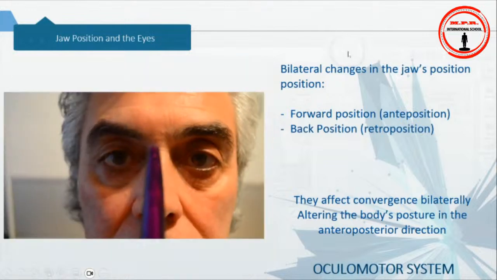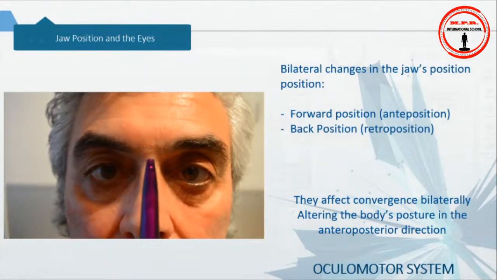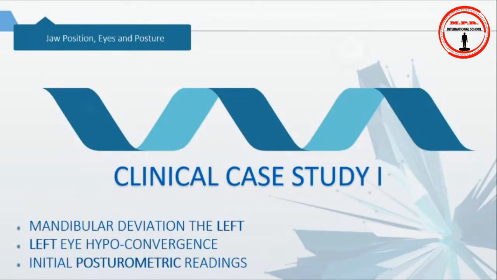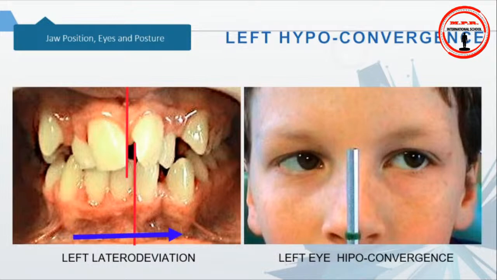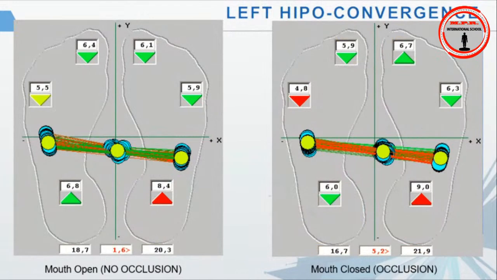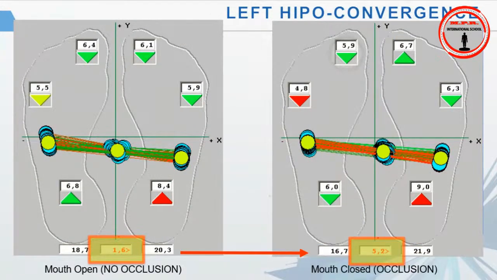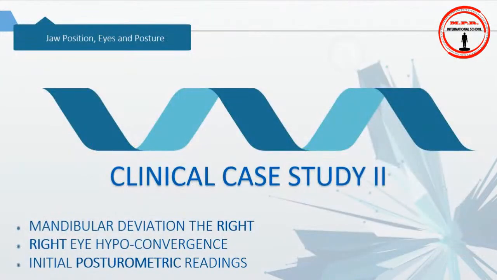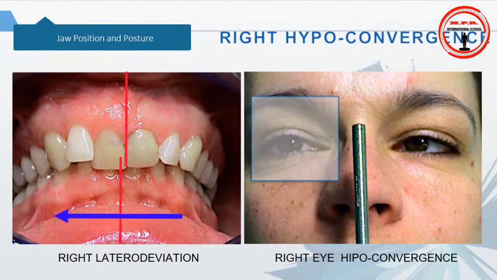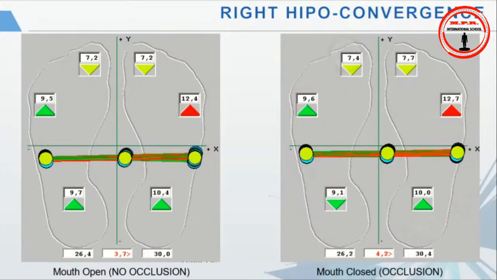And then we study this hypoconvergence. See how we test it. And the frequencies. Lateral deviation, how it's affecting one eye, and how it's affecting the body laterally. Overloading the body here, 5 kilos. Second case, the lateral deviation also is affecting only one eye, and the overload of the body, 4 kilos.